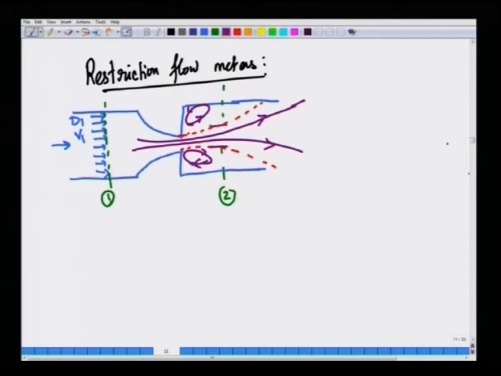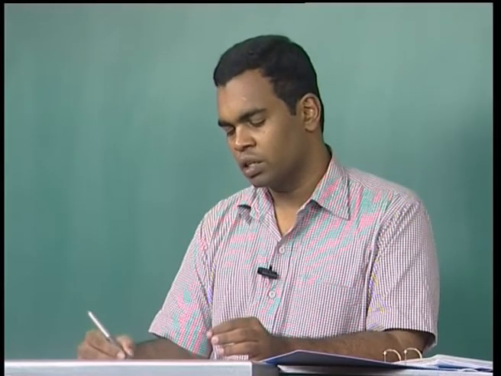Now, we want to apply the energy balance, but there are too many losses here. First of all, the major contribution to the loss is due to the fact that there is an expansion, and due to the expansion there are eddies that form which are recirculating within the dead pocket through which fluid can either enter or leave.